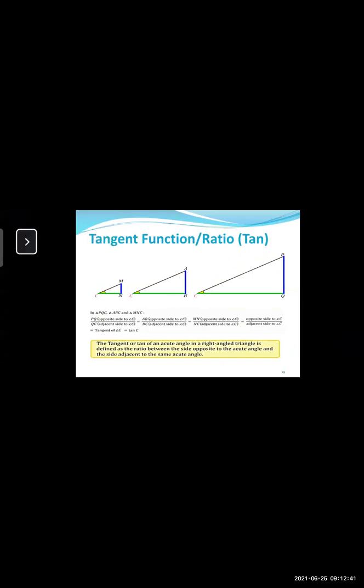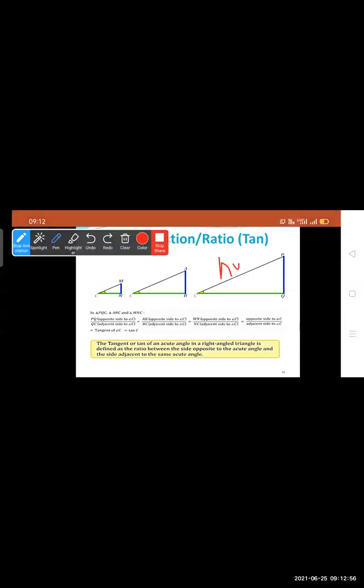The tan function is the ratio of opposite side to the adjacent side. Again you find which one is the hypotenuse, which one is adjacent, and here we write opposite.